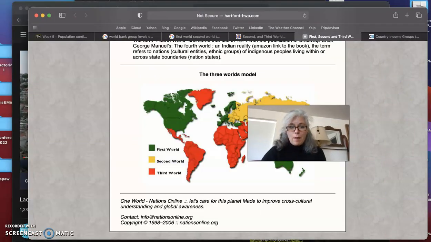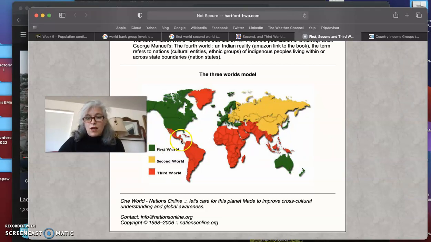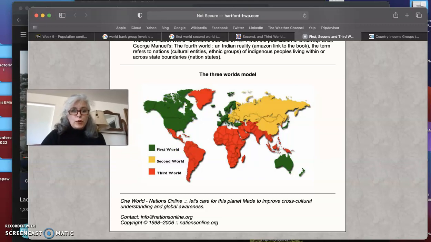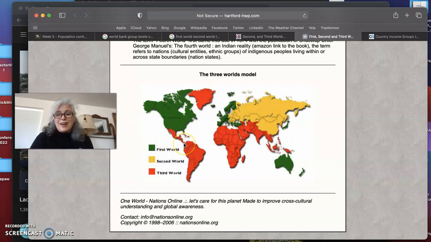Let's get back to that map over here. I've spent a lot of time in Honduras and Mexico, Guatemala myself over the years as a participant observer, and some of the roads were washed out by hurricanes, never built again. People don't have access to shipment from the coast or from airports.